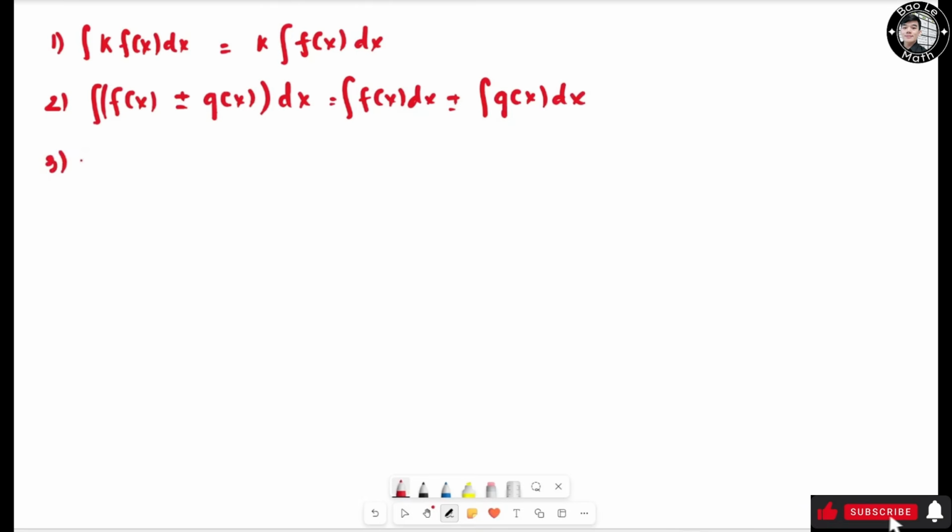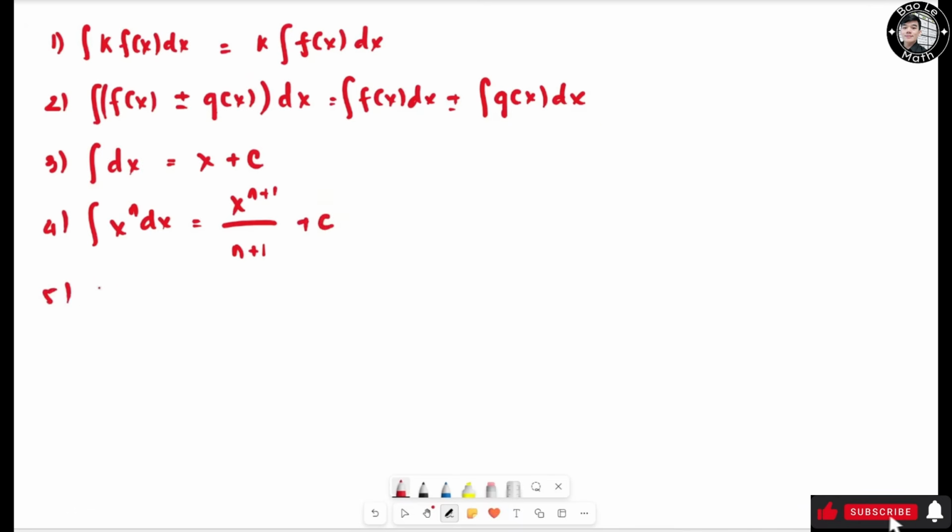Number 3, the antiderivative of ds equals s plus c. Number 4, the antiderivative of s to the n ds equals s to the n plus 1 over n plus 1, plus c.